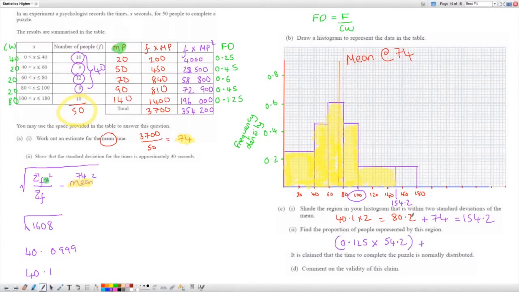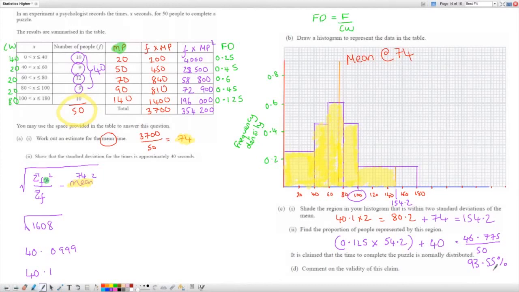Remember, we're going to add that to the other 4 bars, which we have a frequency of 40. So our total frequency we have here is 46.775. Out of the 50, we want it as a proportion, gives us 93.55%.